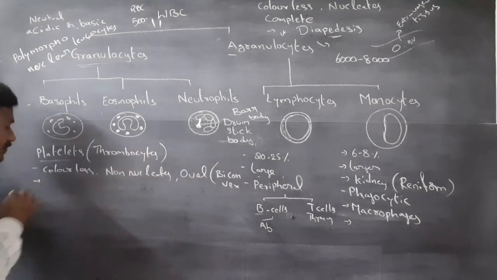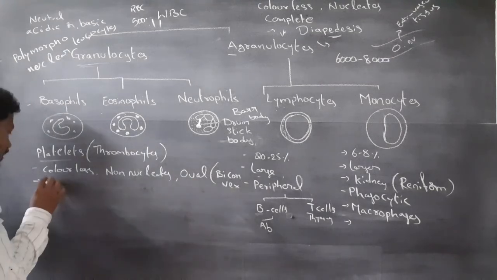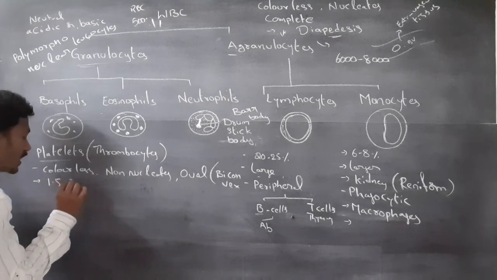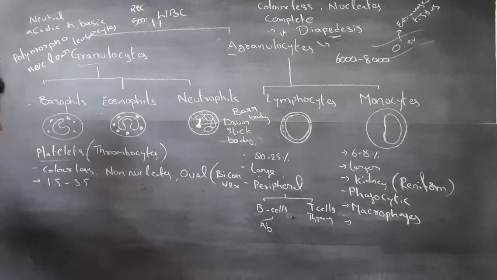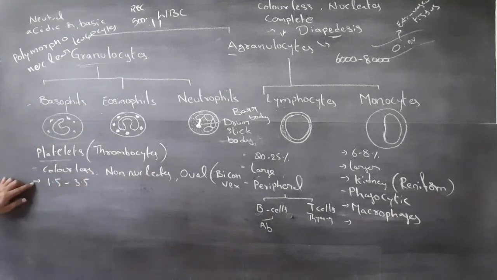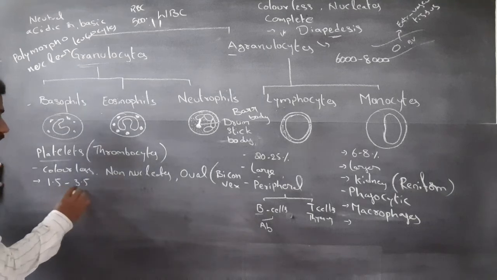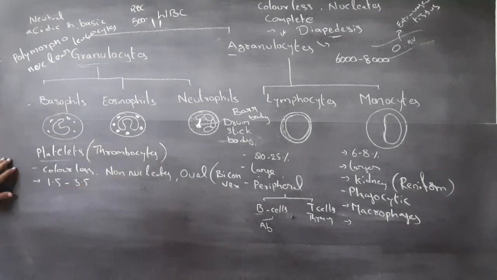The number of platelets is 1.5 lakhs to 3.5 lakhs per cubic millimeter of blood.